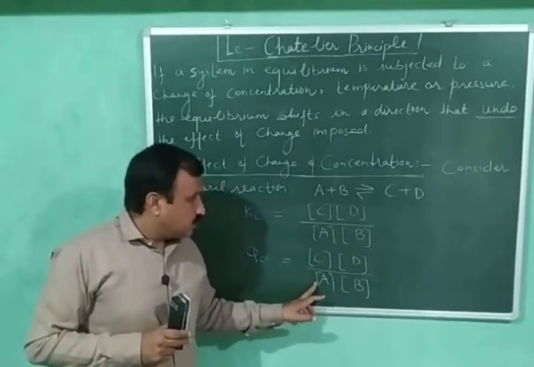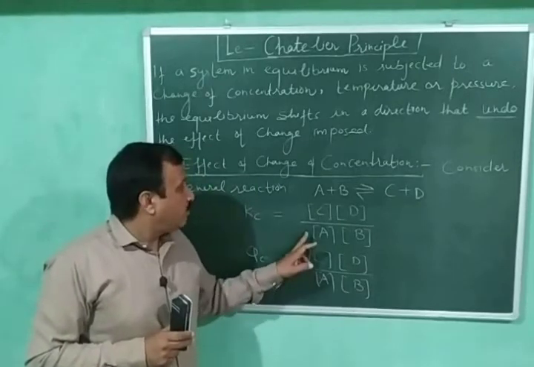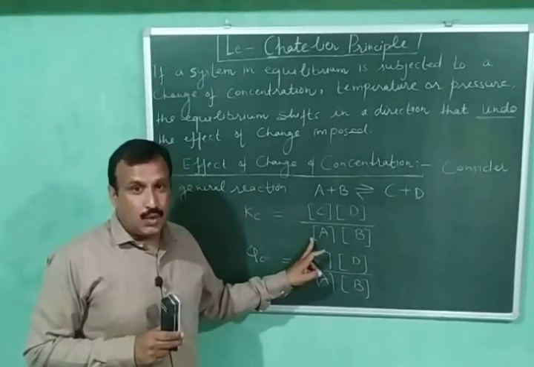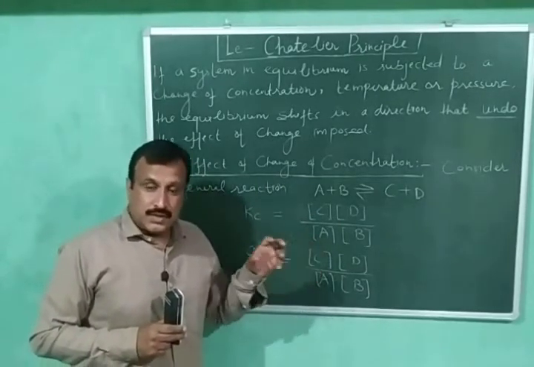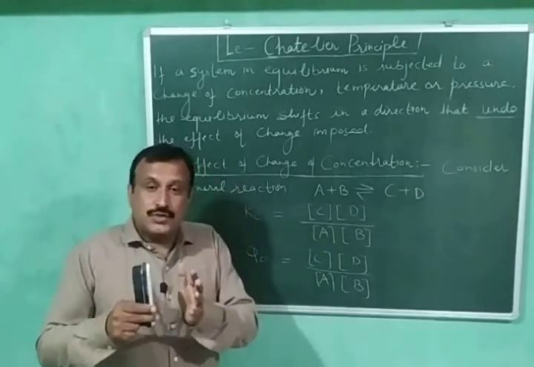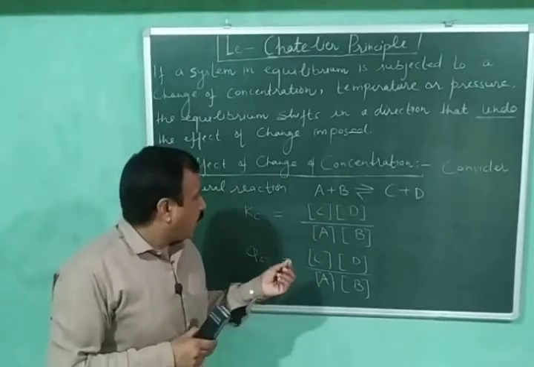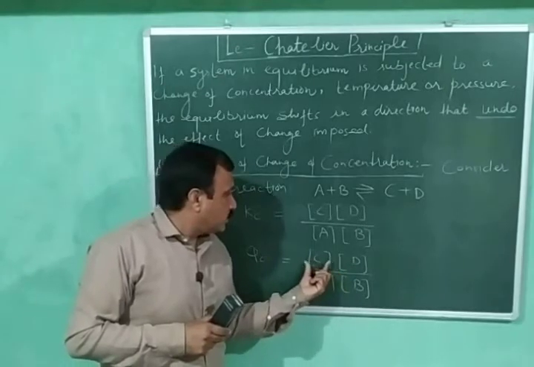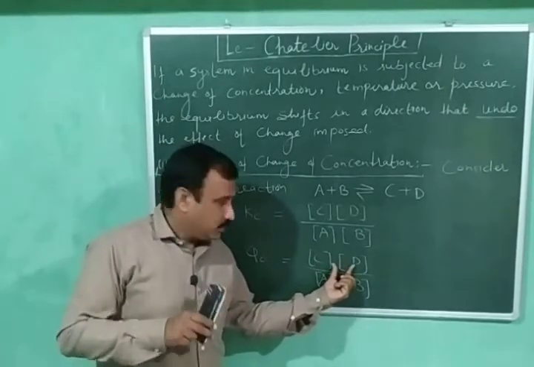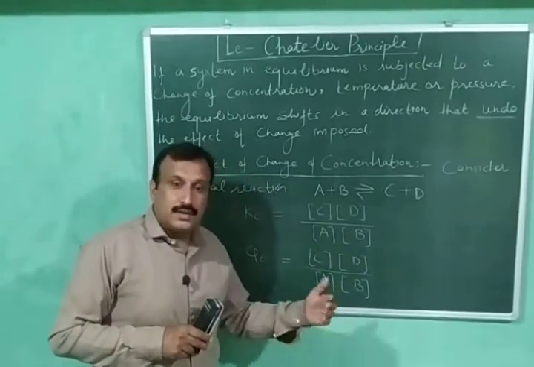But friends, when the value of Qc becomes equal to Kc, it doesn't mean that the concentrations in this expression have become equal to this expression. No. This is because for the ratio of the two terms, here I am considering the product of C and D as one term and the product of A and B as the second term.